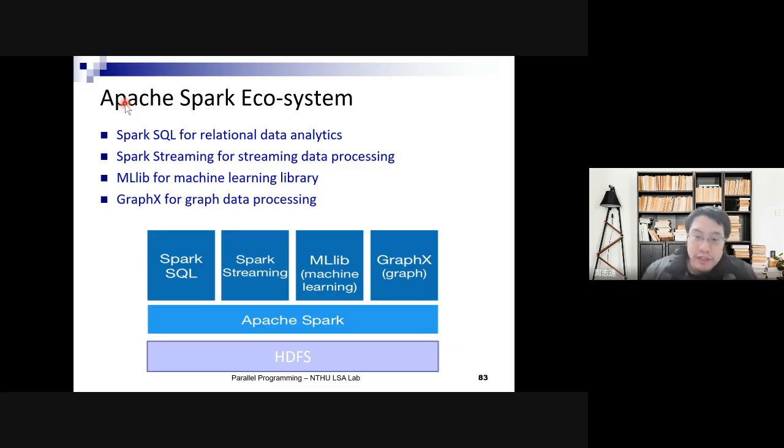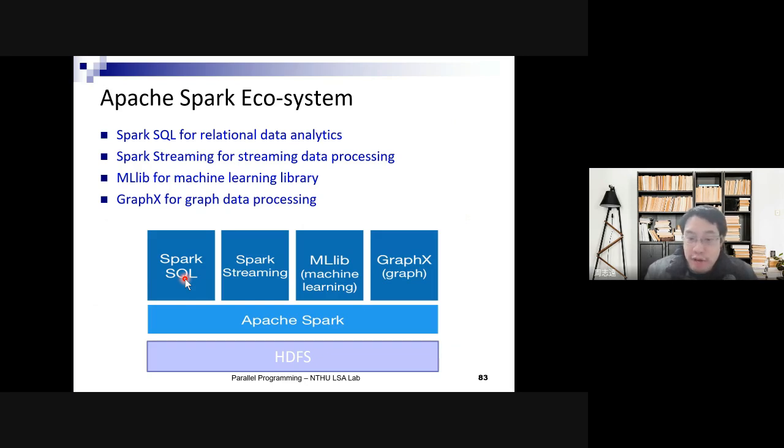So you can see it's very similar to MapReduce, but it has the ability to cache data in memory. So it can provide more diverse applications or data processing, including SQL queries, right? Because a SQL query usually is an interactive data analytic job.